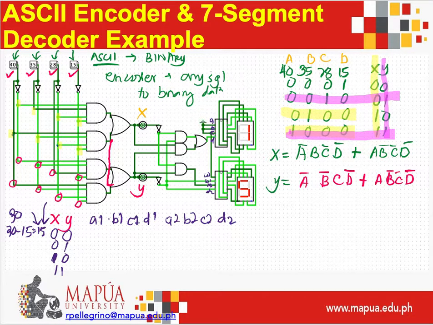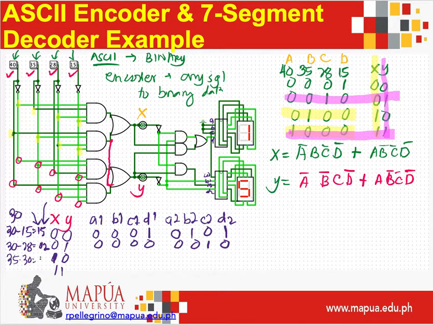We have 0, 0, 0, 1, and 5 is 0, 1, 0, 0, 0, 1, 0, 1. Then the next one we have 28, so 30 minus 28 is 2. That means we have 0, 0, 0, 0 and 0, 0, 1, 0. For the third one, 35 minus 30 is 5, so 0, 0, 0, 0, 0, 1, 0, 1.